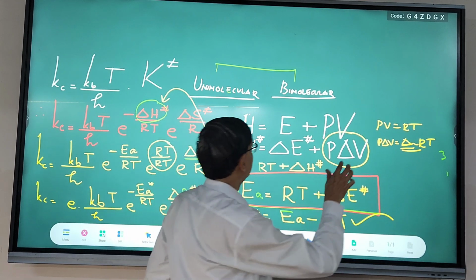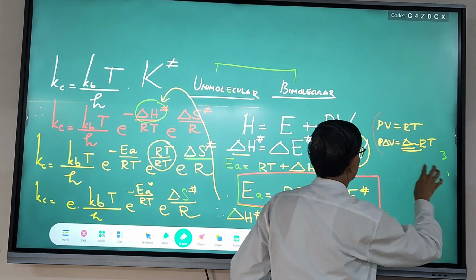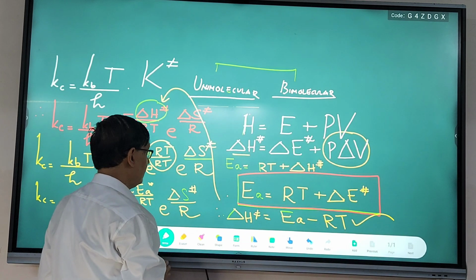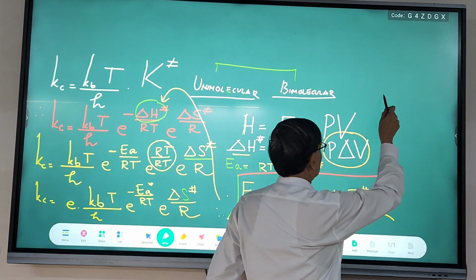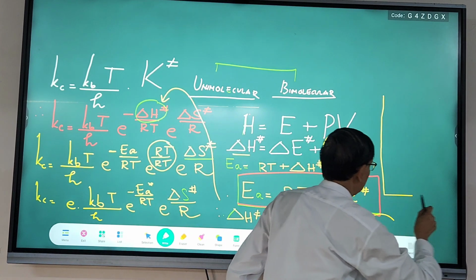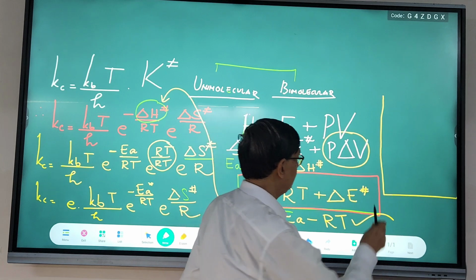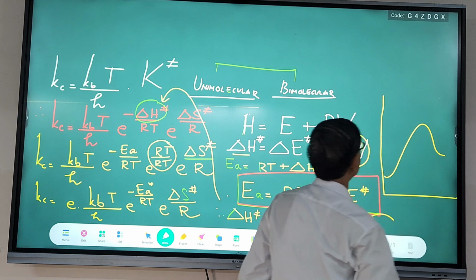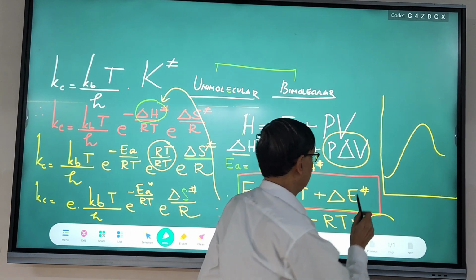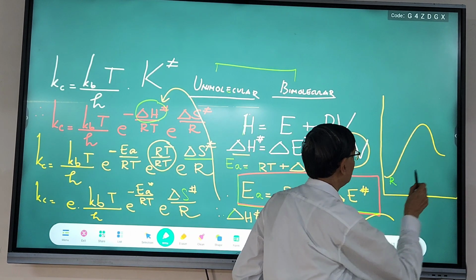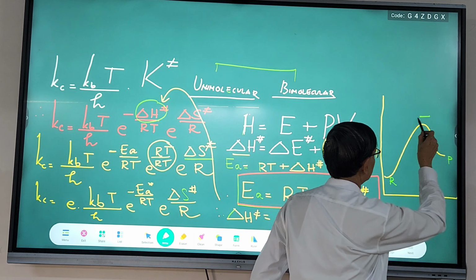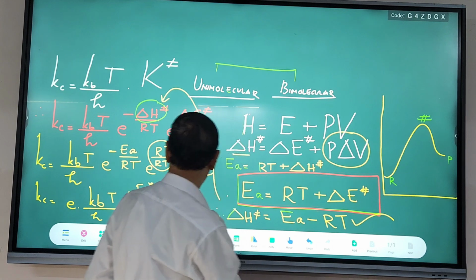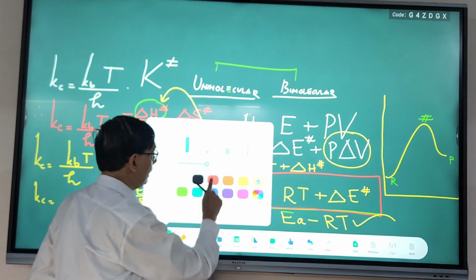It is available in the book of Laidler. You know that this is the reactant, this is the product, and this is the activated complex. Everywhere there is a zero point energy level.